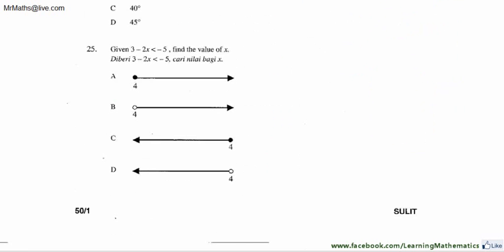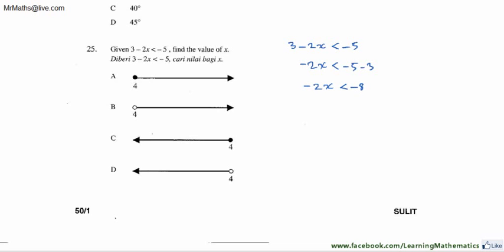Given 3 minus 2x is less than minus 5, find the value of x. Inequality: 3 minus 2x less than minus 5. Then minus 2x is less than minus 5 minus 3, so minus 2x is less than minus 8.